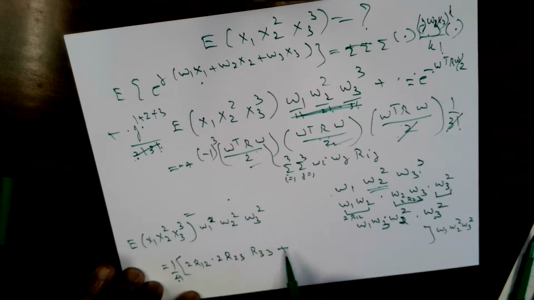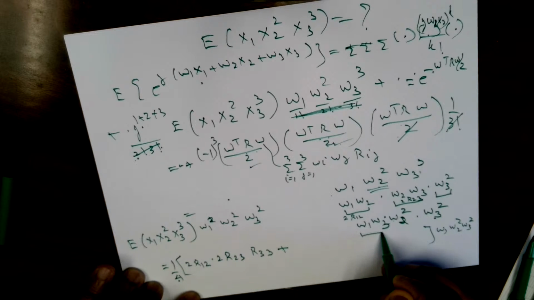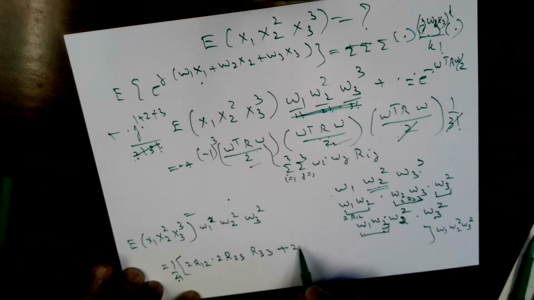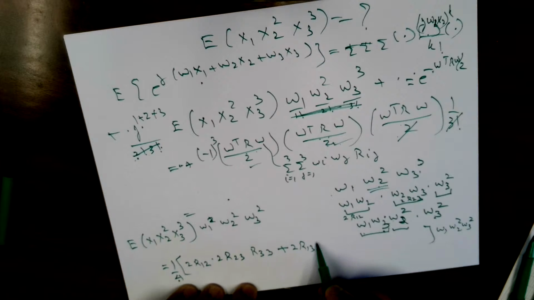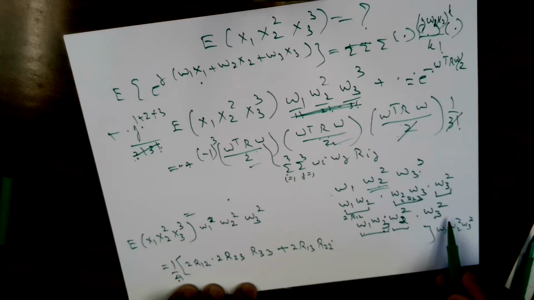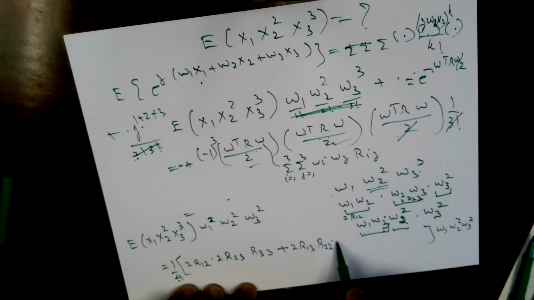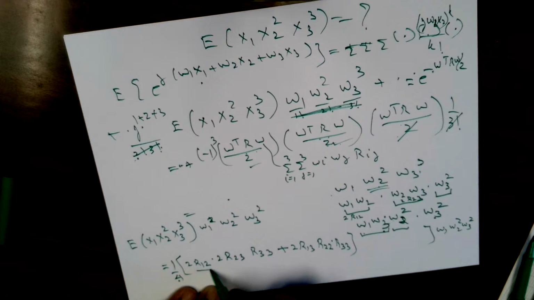And the second term, if you look at here, omega 1, omega 3, again you have 2r13, and then this is one term from the second one. There is a 3 term, but a few terms we miss. So let me go back to this term.